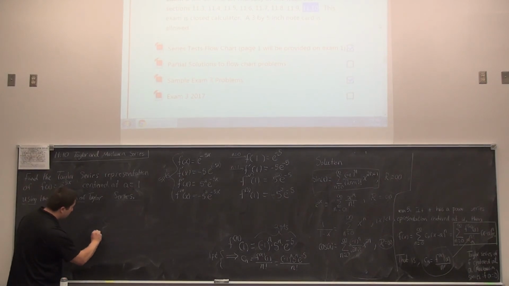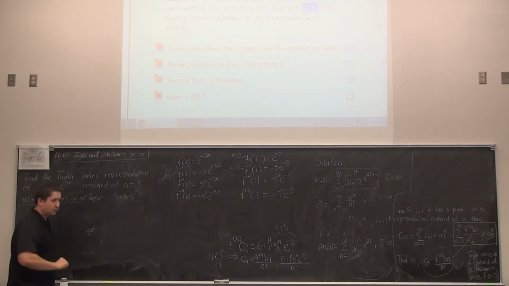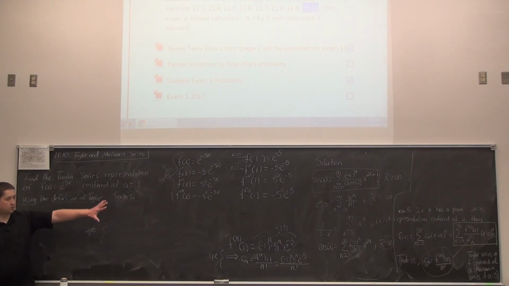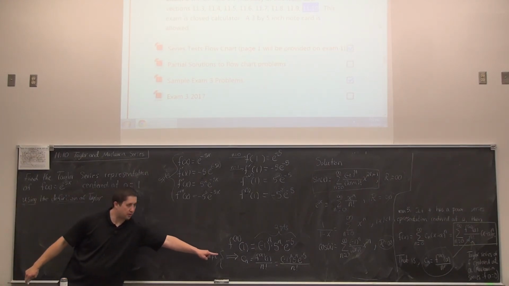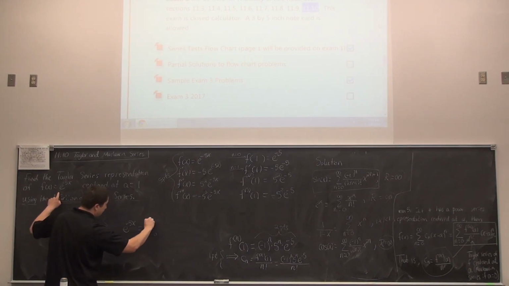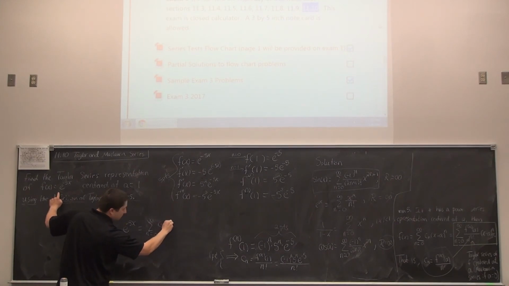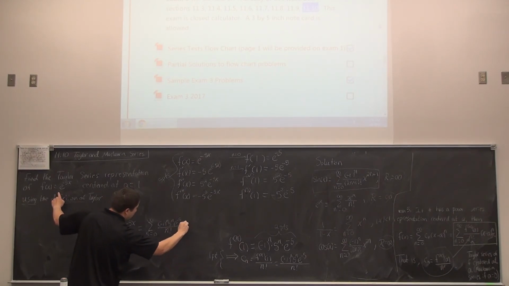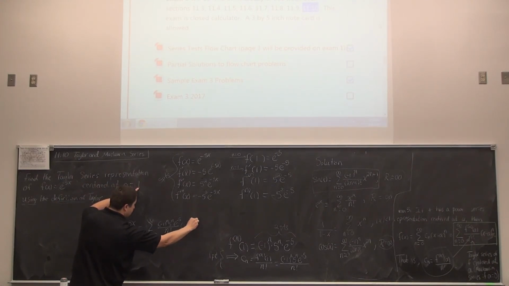And then for the final 2 points, this is really just to summarize, to say all of this work has now shown, particularly the bottom line down here, that the original function, e to the negative 5x, is now the summation as n goes from 0 to infinity of negative 1 to the power of n, 5 to the power of n, e to the power of negative 5, divided by n factorial, and we have to multiply it by x minus a, but a was 1, to the power of n.